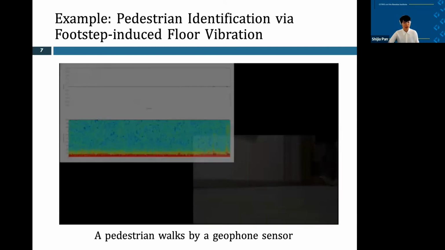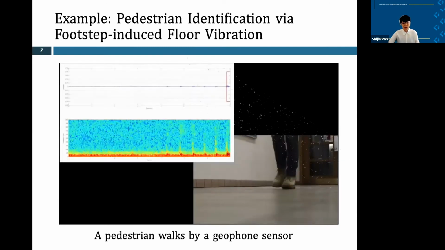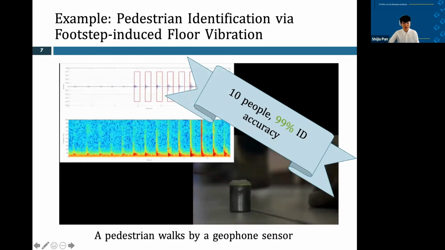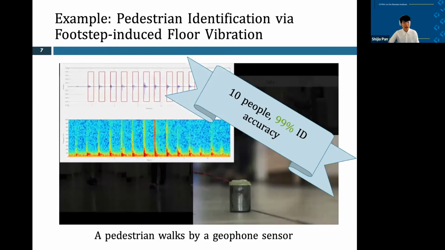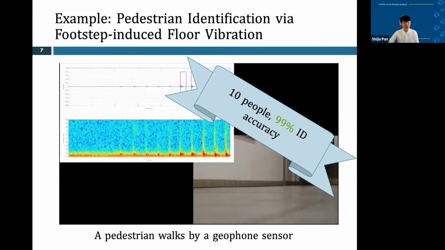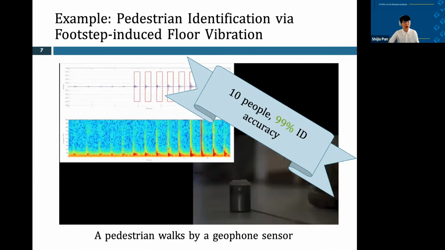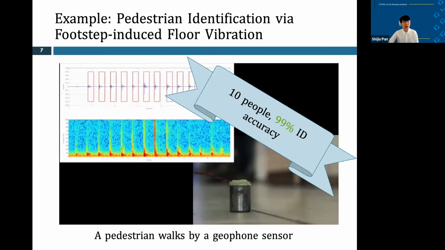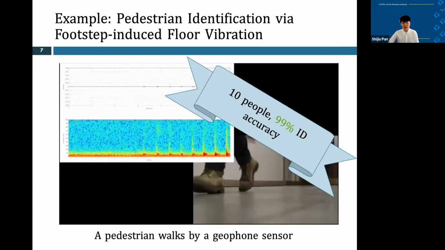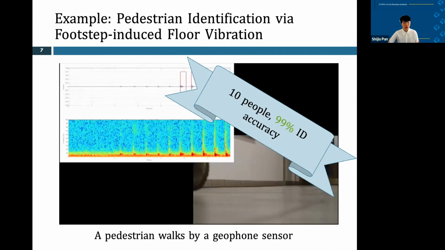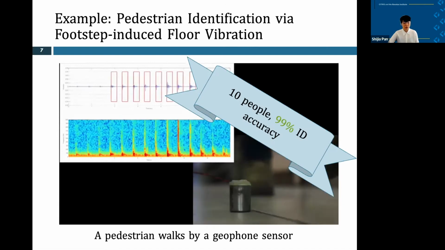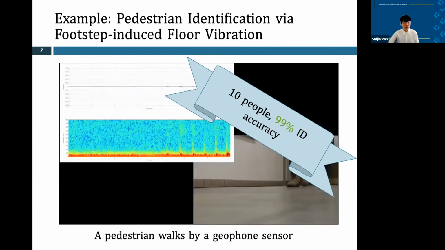Then we can extract features from this marked signal and train a classifier to identify people when they walk by the sensor. That's how we extract the human information and achieve occupant monitoring. And we actually achieved up to 99% accuracy over 10 people.